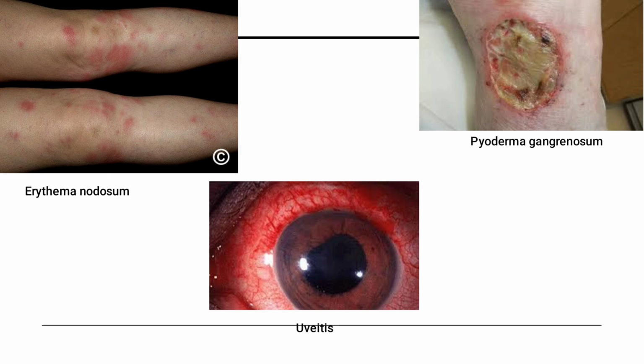If they describe a painful lesion on the chin or on the legs, think about erythema nodosum. If they say a volcano-like lesion with a symmetric border, this is mostly pyoderma gangrenosum. And uveitis, you can see here, is inflammation around the uvea of the eye.